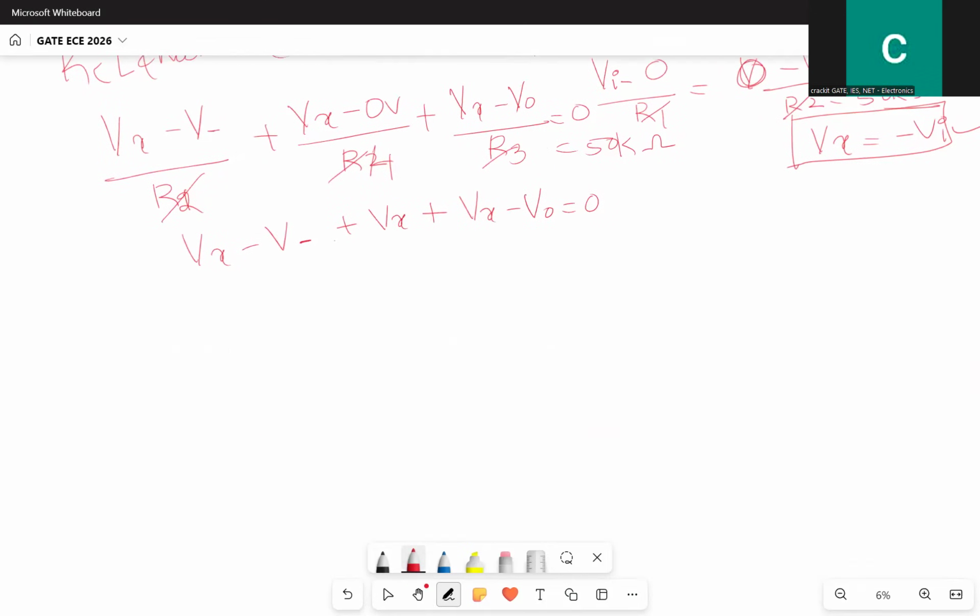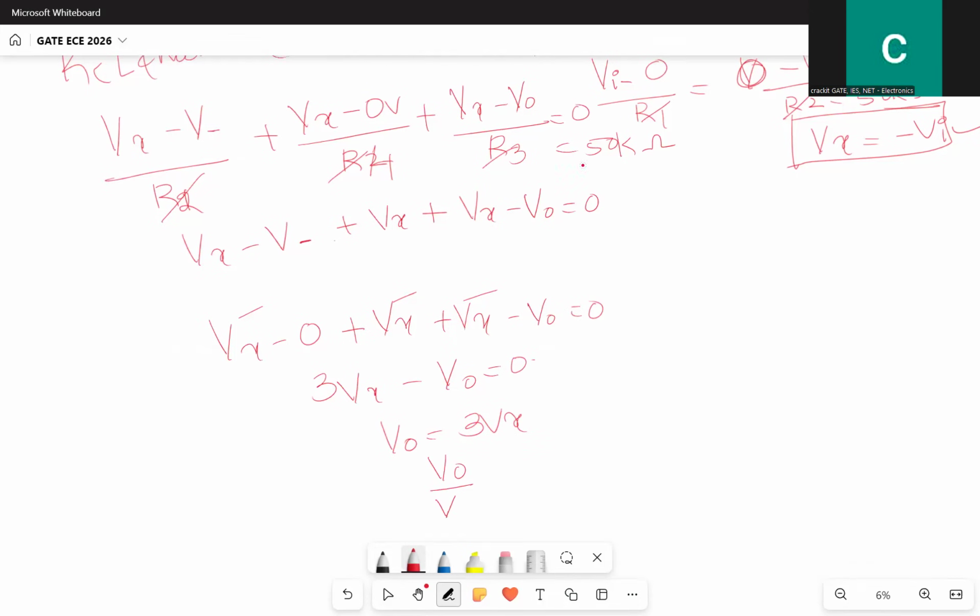V minus, we already know it is 0, plus Vx minus V naught is equal to 0. So it is 3Vx minus V naught is equal to 0. V naught is equal to 3Vx.